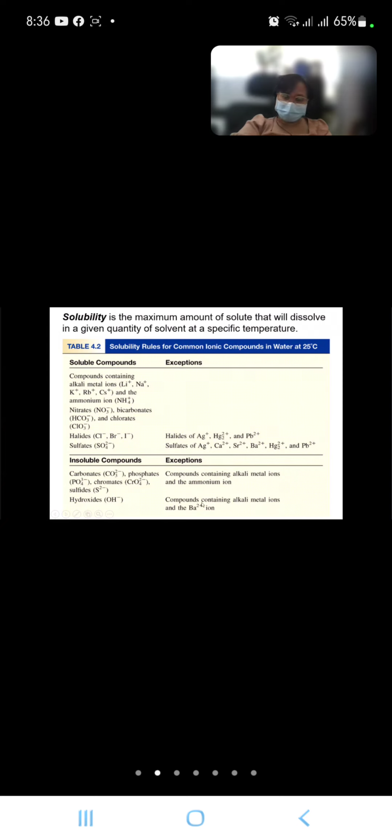Calcium is not part of the exception. But if it bonds with sodium, forming sodium hydroxide, this compound becomes soluble because it is bonded with an alkali metal, which is sodium. Do you understand?